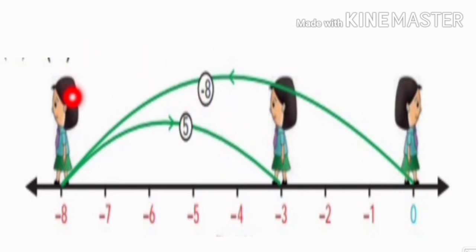Here the second operand is minus 5, which is a negative integer. So we have to move 5 steps backward in the negative side to represent minus 5. We reach minus 3. Therefore, minus 8 minus 5 gives minus 3.